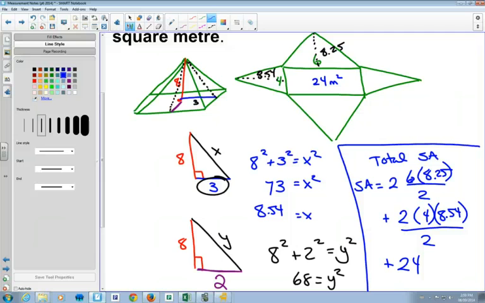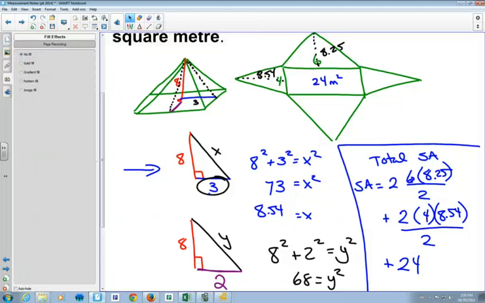Now, with this first triangle, the base here, which is 3, is because it's half a 6, but we're figuring out the slant height of the side 4. So it's easy to get those numbers mixed up. That's why this question said draw the 3-dimensional image and the net, so you can see both of them.